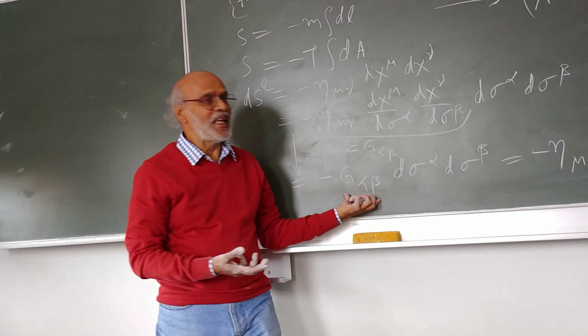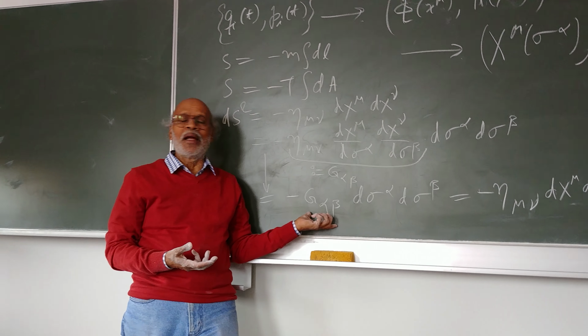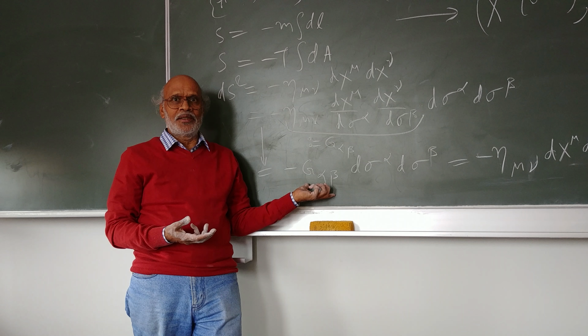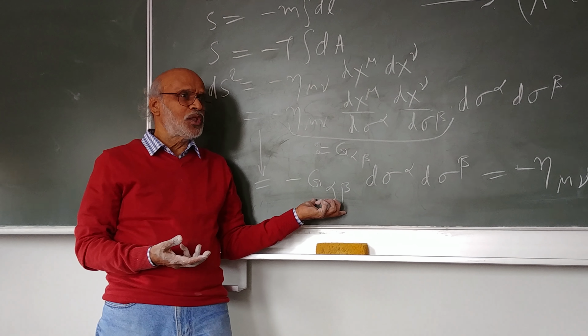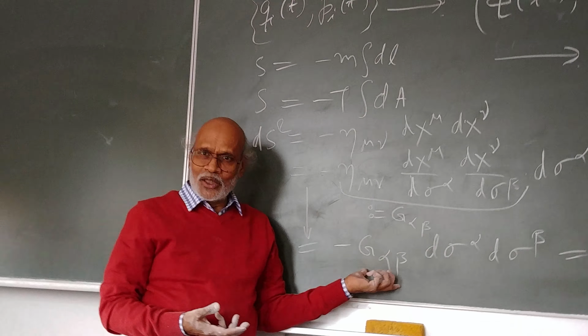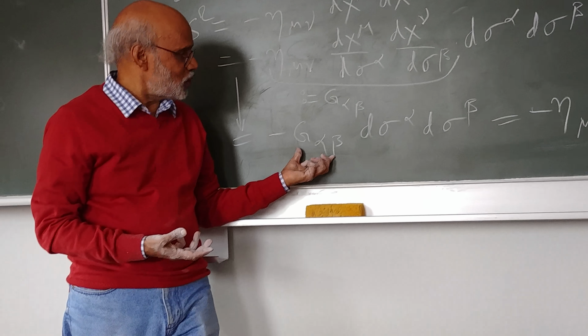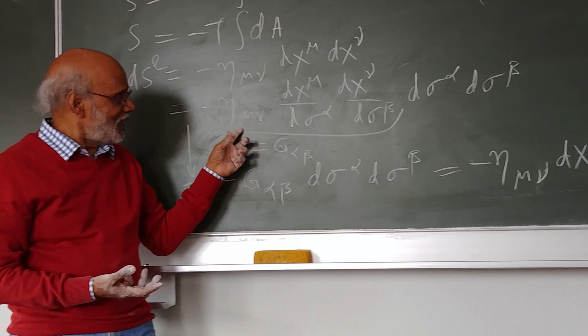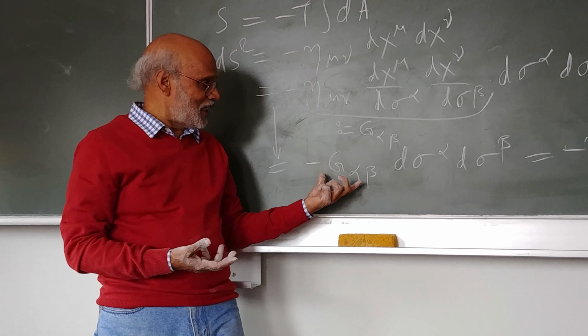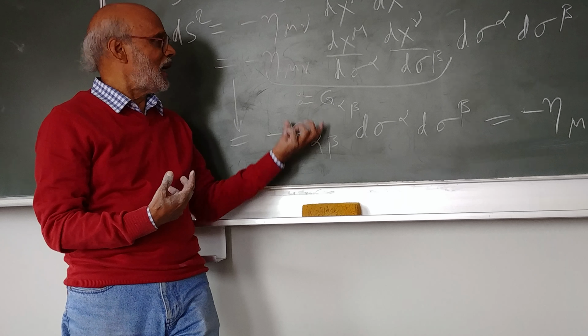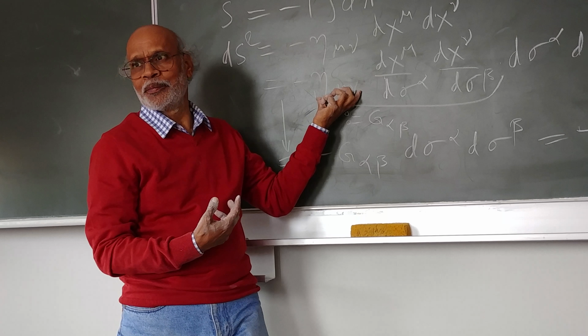And there is a special name for this, it is called the induced metric on the worldsheet. Why is it called an induced metric? It is called an induced metric because it is defined in terms of eta mu nu. It is in turn determined by eta mu nu.